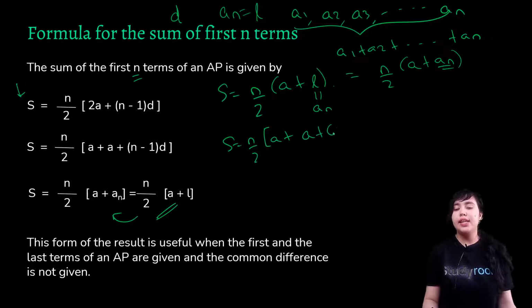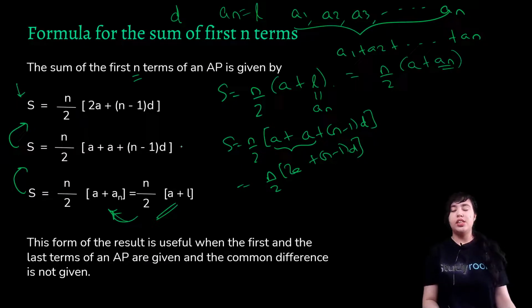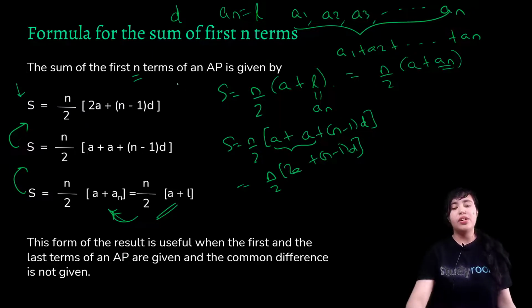AN is A plus n minus 1 into D. I can club this A and A, which gives me n by 2 into 2A plus n minus 1 into D. So just remember n by 2 (A plus L) and you'll be able to get these formulas. But I would suggest you learn all of them. Eventually with practice, you will get a hang of it.